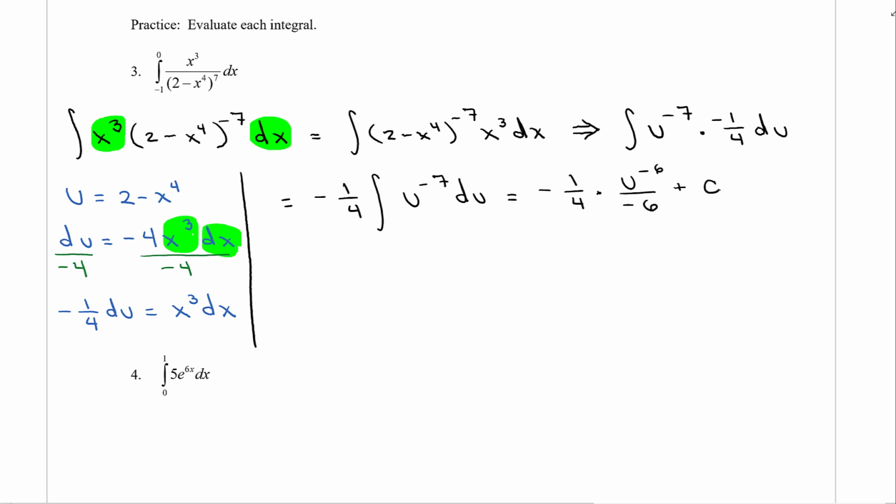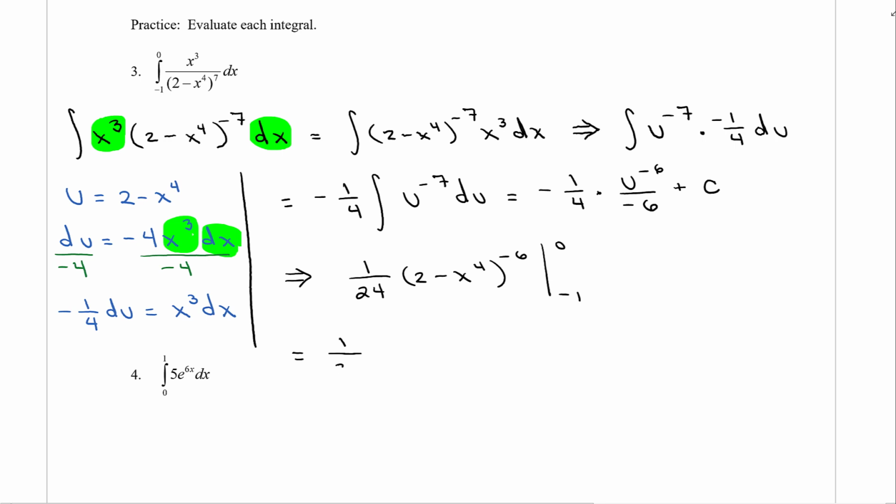So this will then turn into negative 1/4 times negative 1/6 is equal to 1/24. And this is going to get multiplied with, we're going to open up a set of parentheses, 2 minus x to the 4th, close the parentheses, raised to the negative 6th. And we're going to evaluate this from -1 to 0. So this is going to be equal to 1/24.